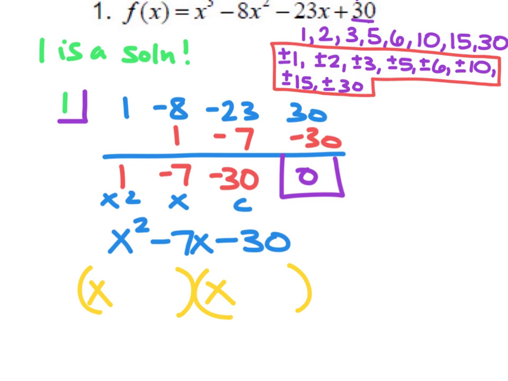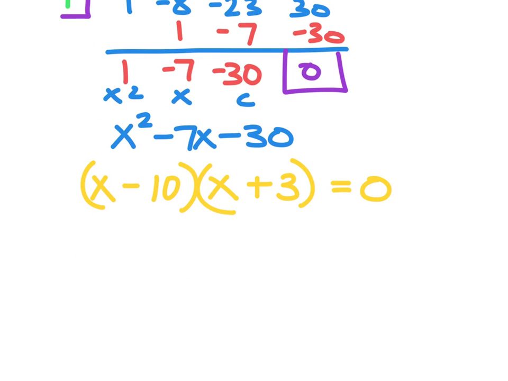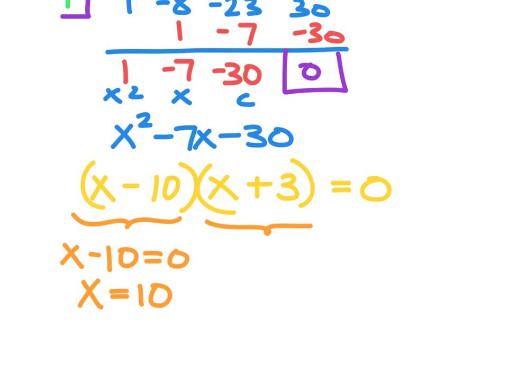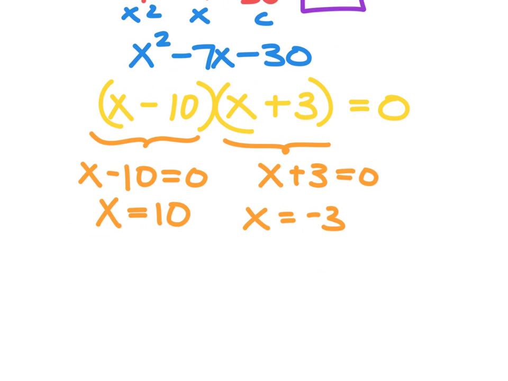Okay, 30, we got 10 times 3 is 30. Negative 10 plus 3 is negative 7. To solve, we just set each factor equal to 0. I get x equals 10. x plus 3 equals 0. x equals negative 3.